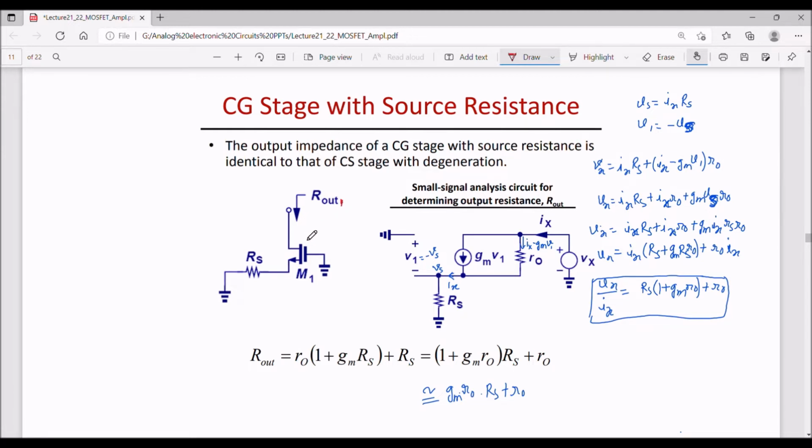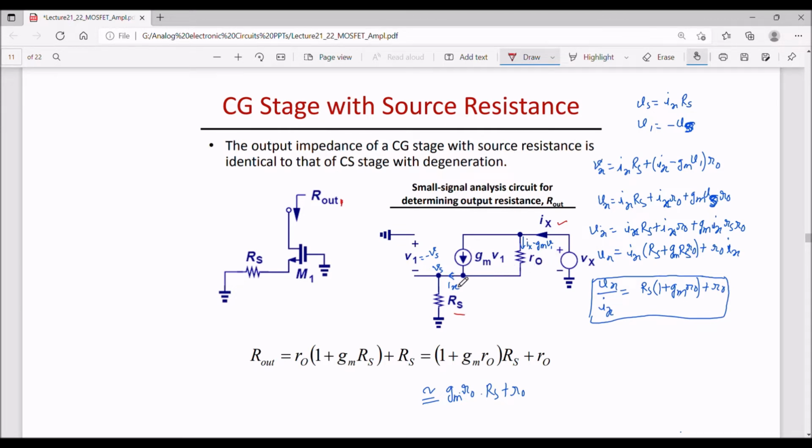So let us redraw this circuit and find out this Rout1, or Rout simply. Again we draw the small signal circuit of this common gate stage with Rs, apply a small signal voltage and measure Ix to find out Vx by Ix, which is equal to Rout. Now knowing that in this branch if Ix current is flowing, then through R0 it would be Ix minus GmV1.